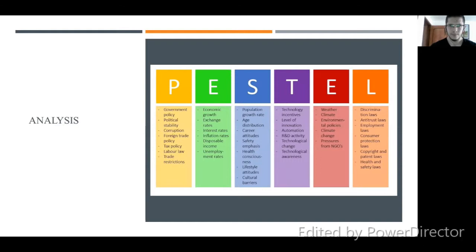And you have to do a very deep research to find the exact information about this. Then we have the social factors like population growth rate, age distribution, career attitudes, safety emphasis, health consciousness, lifestyle attitudes, and cultural barriers.